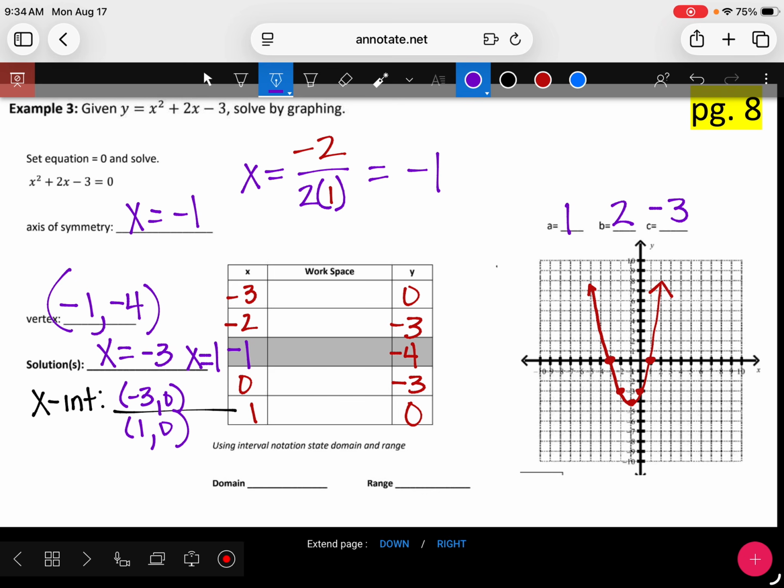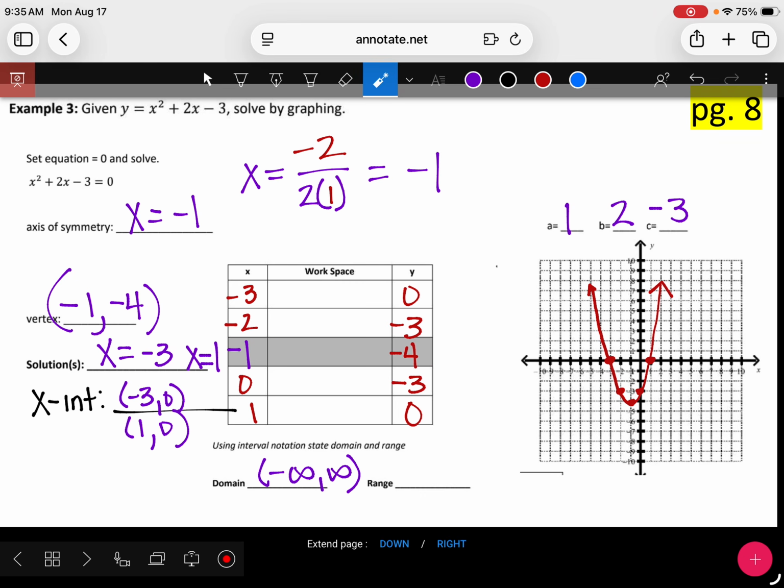So the domain never changes. That is always all real numbers. But when you look at your y values, what's the lowest it goes? That's my lowest, and then the numbers are all greater than.